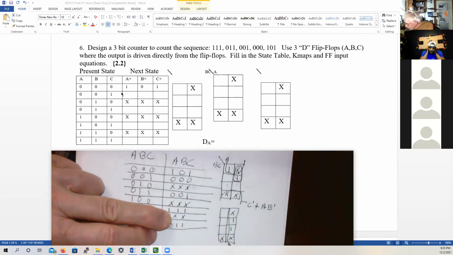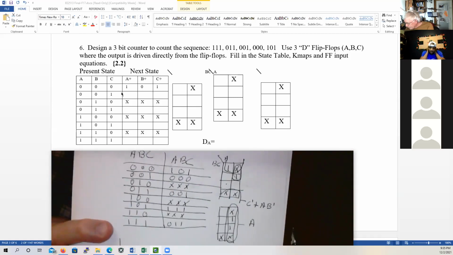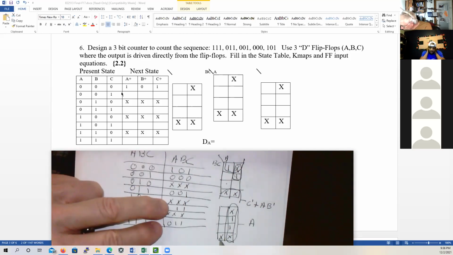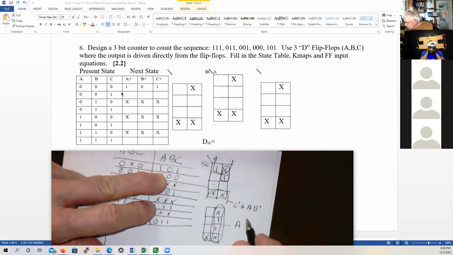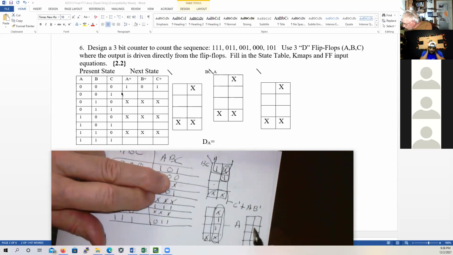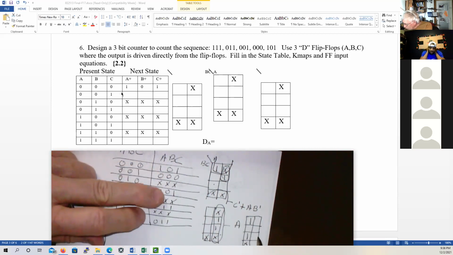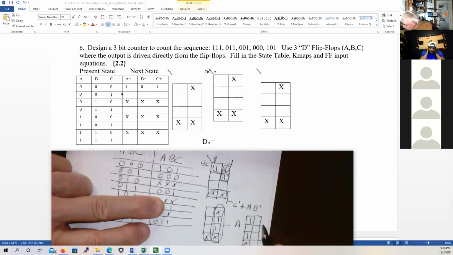So this is easy. That's just A. We don't need this because it's a don't care, so you take that one as 0. And then finally the C. So 1, 0, X, 1, 1, 0, X, 1. Don't care, 1, don't care, 1.